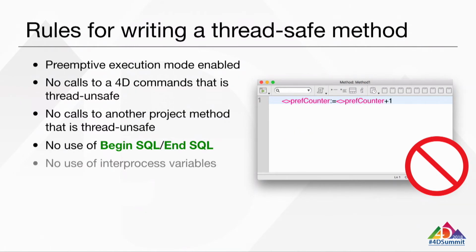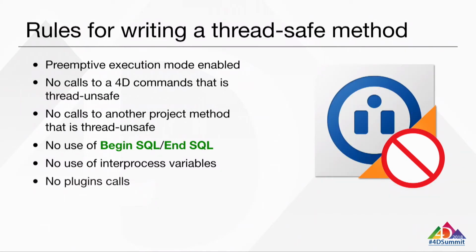All right. Okay, so the obvious one, this is the popular one, the use of interprocess variables. They were not allowed. And finally, any of the plugin calls still being executed in cooperative process.